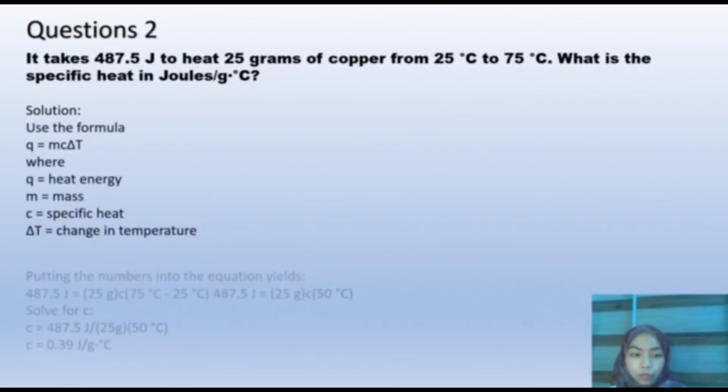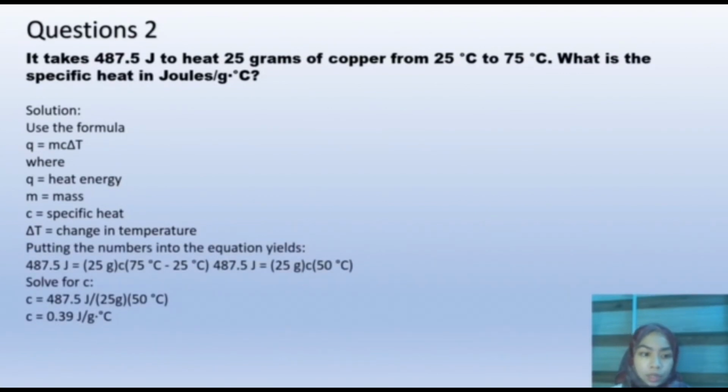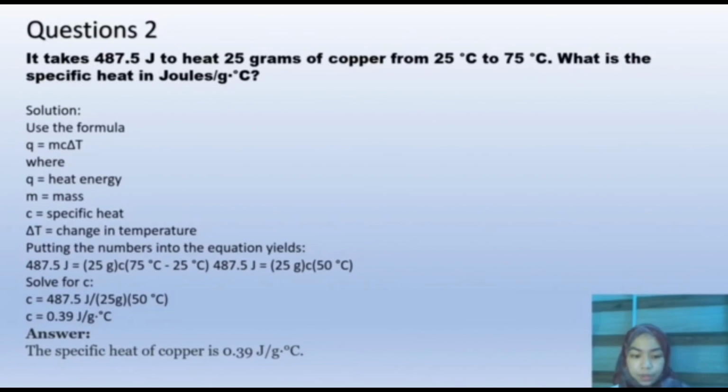After you list, you must use the formula Q equals mc delta T. In this question, we want the specific heat, which is C, the small c, from the formula Q equals mc delta T. You put the numbers into the equation, and then you solve for C, and the answer is the specific heat of copper, 0.39 joule per gram Celsius.